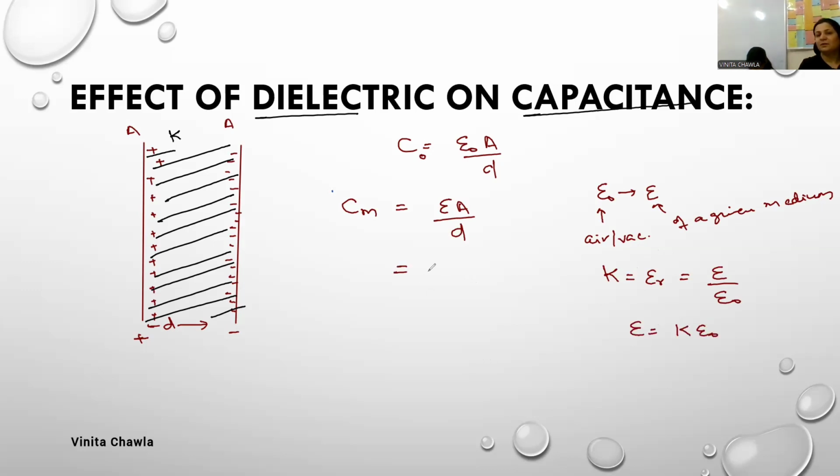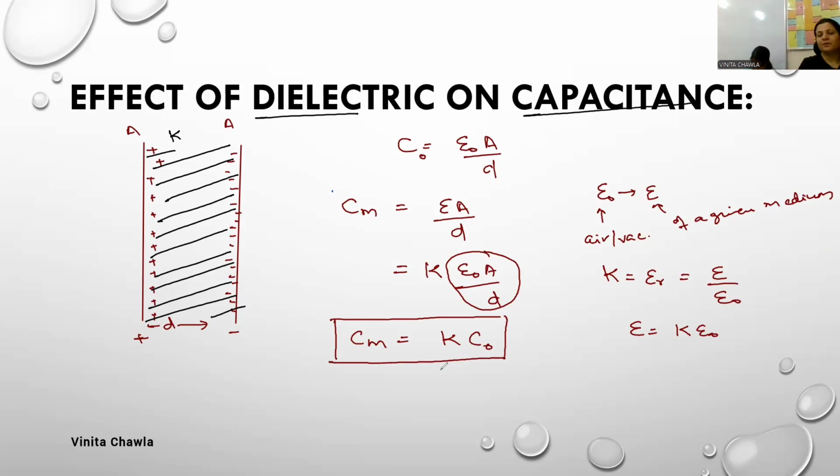So it is K epsilon naught A by D, and this epsilon naught A by D is C naught. So Cm is equal to K C naught. Capacitance becomes K times when a dielectric medium is introduced between the plates. And K is Cm by C naught.